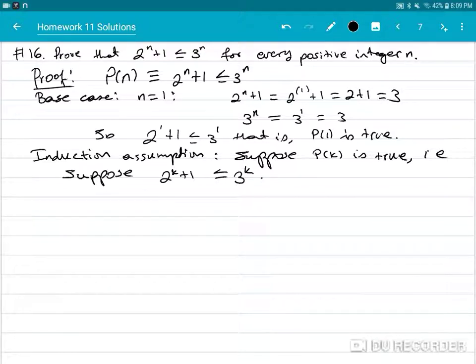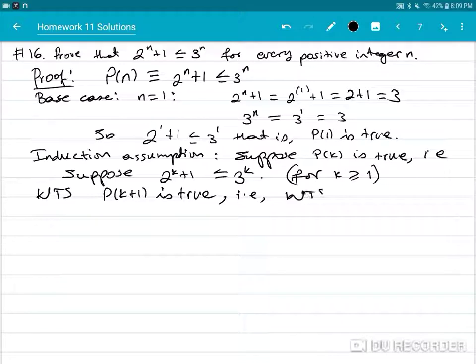So this is a given for k greater than or equal to 1, some integer. We want to show the statement is true for n equals k plus 1. So we want to show that P(k+1) holds. In other words, we want to show that 2 to the power of k plus 1, plus 1, is less than or equal to 3 to the power of k plus 1. So that's our P(k+1) statement.